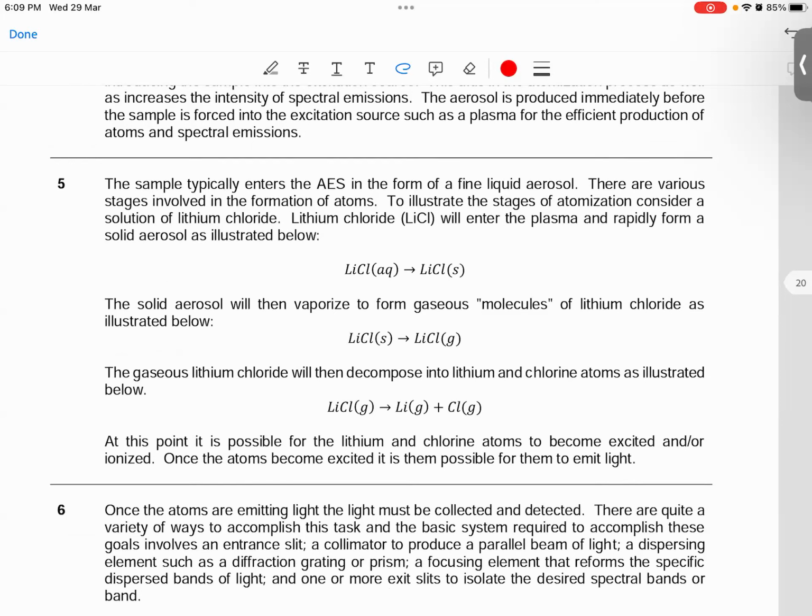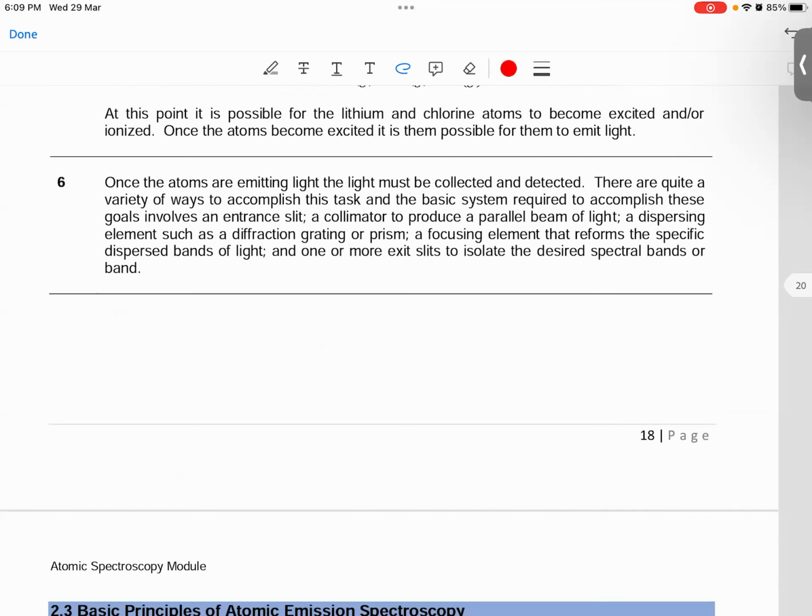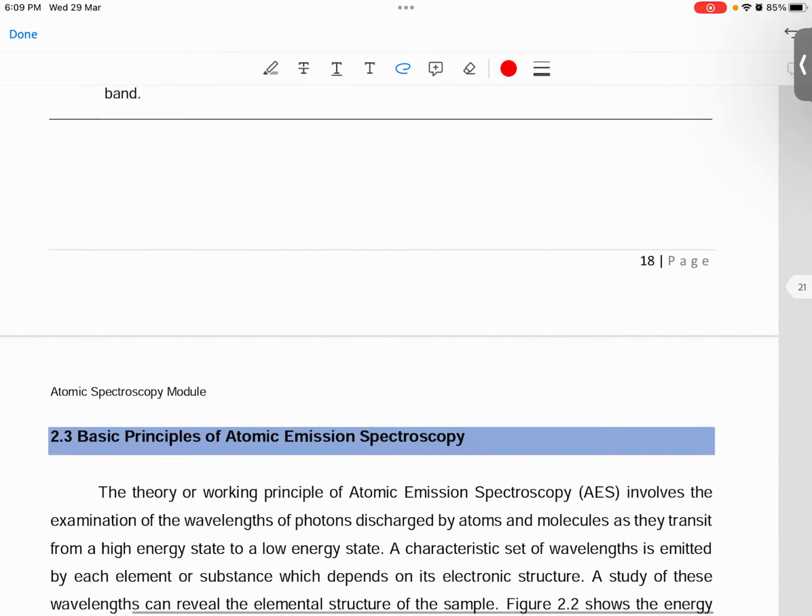We know that AAS can do metal analysis, and AES as well is known for metal analysis, but it can also analyze some organic compounds. But it is not really common.